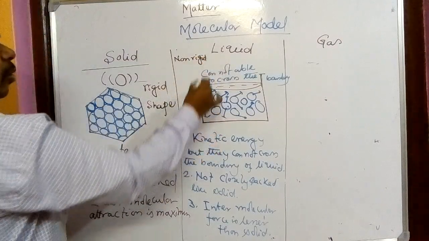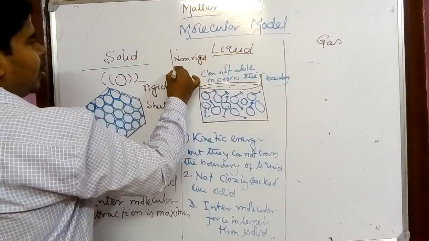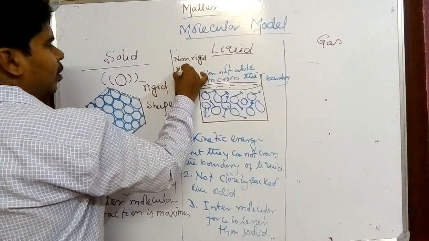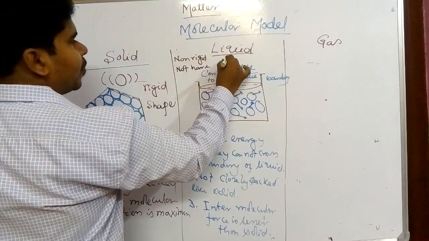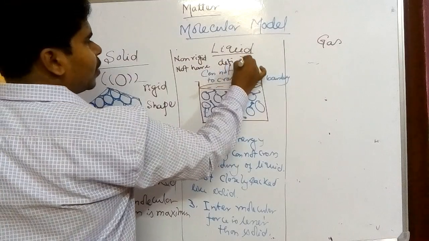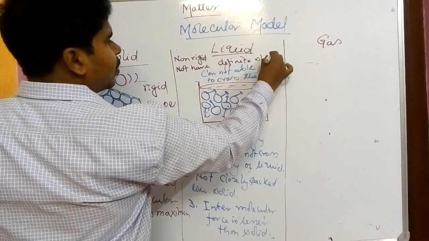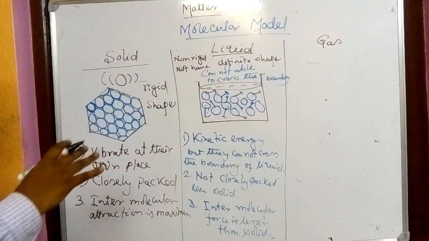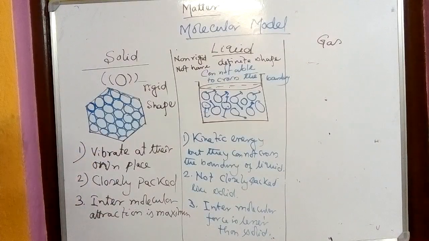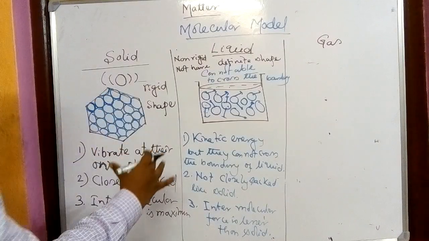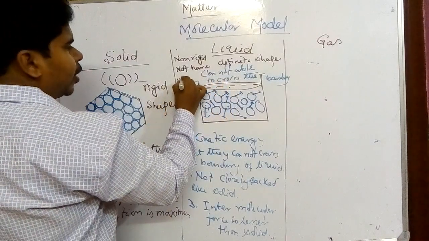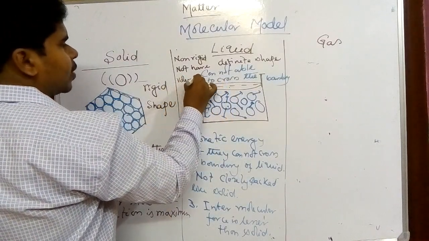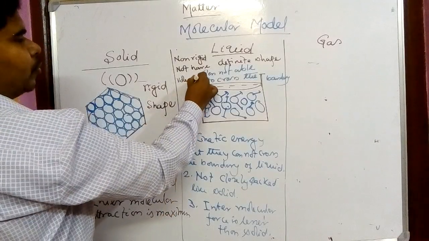Number two, it does not have a definite shape. But as it is fixed inside the container, it has a definite volume.